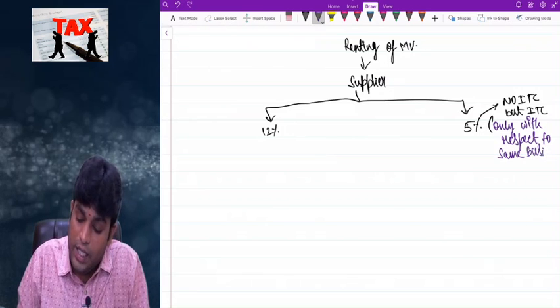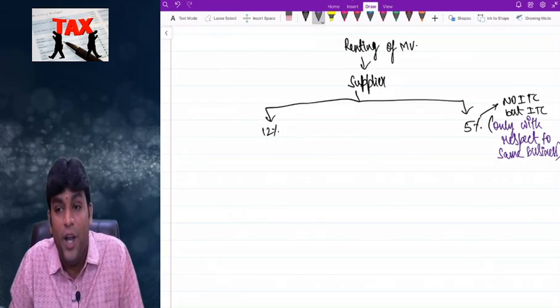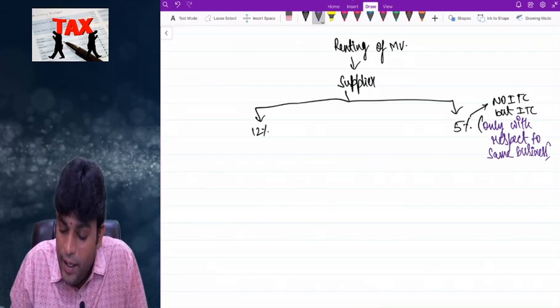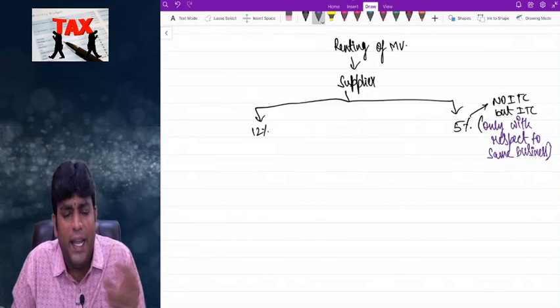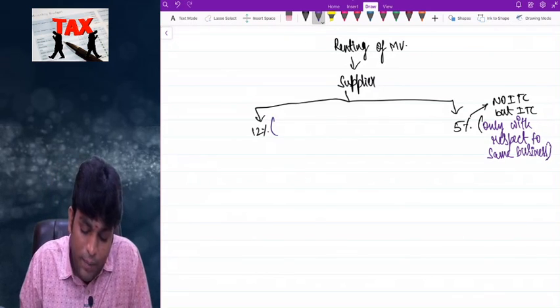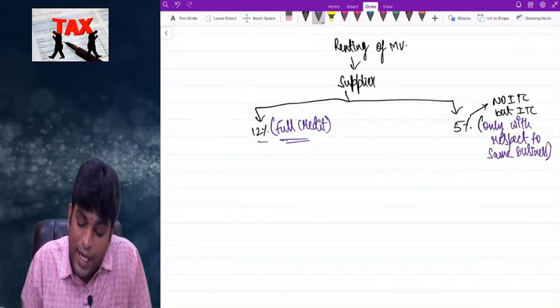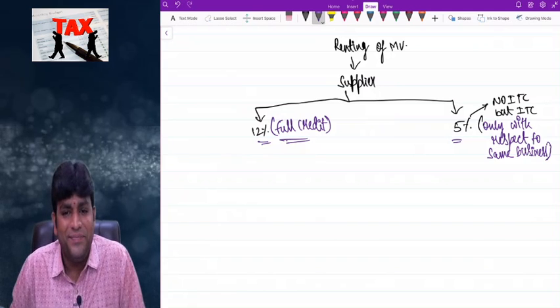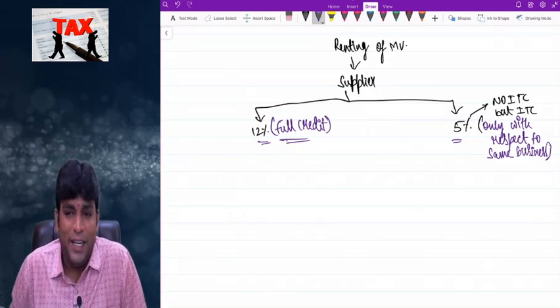That means if the supplier has taken motor vehicles on rent, on that whatever GST he paid, he can take credit, but he cannot take any other credits. In the 12% case, happily full credit. Like that, the supplier has got two options, my dear friends. Getting clarity, right? Supplier has got two options.